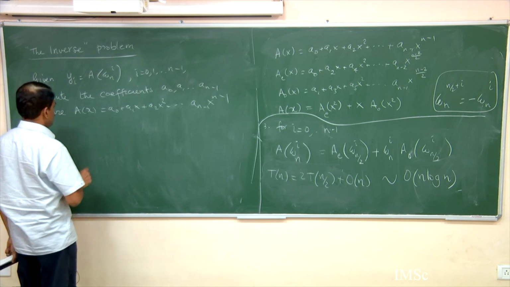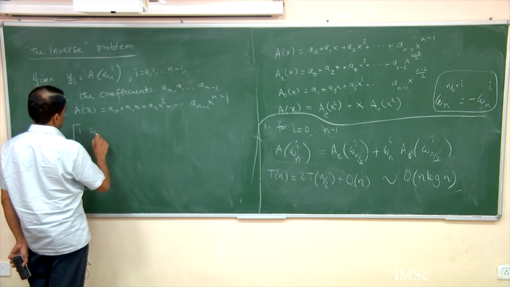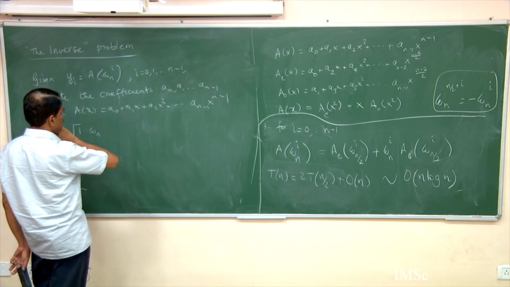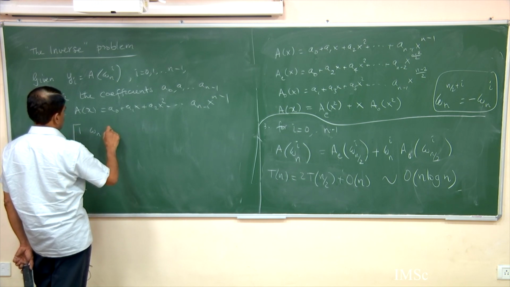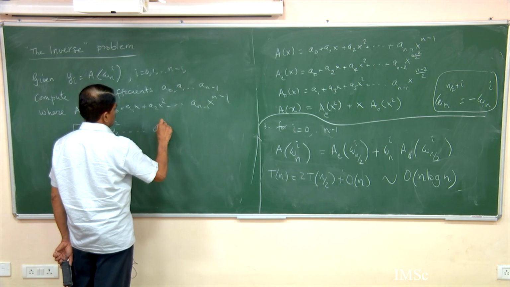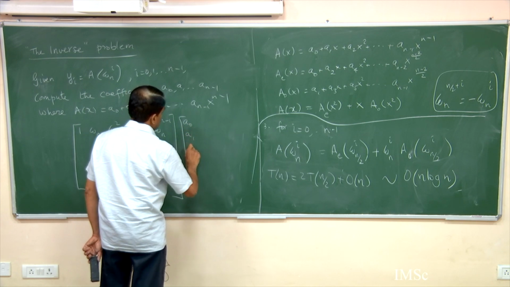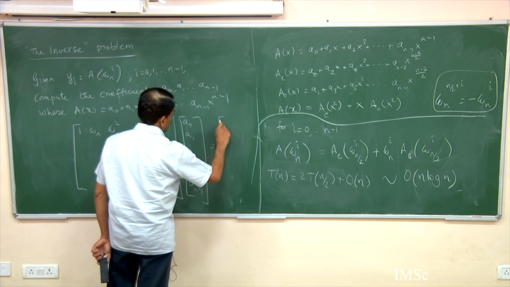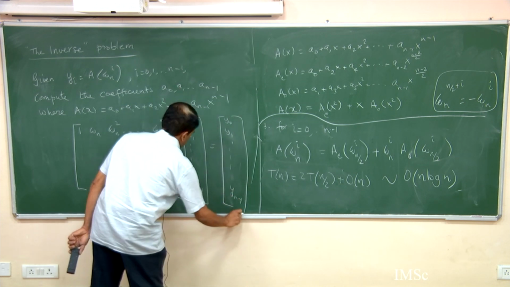Okay, so what is given to me is this matrix again, the Vandermonde matrix.